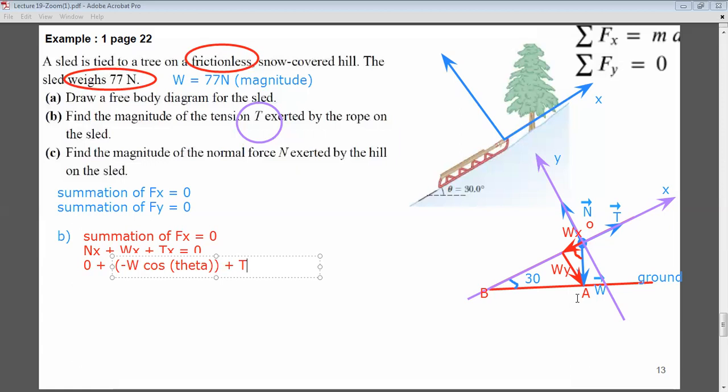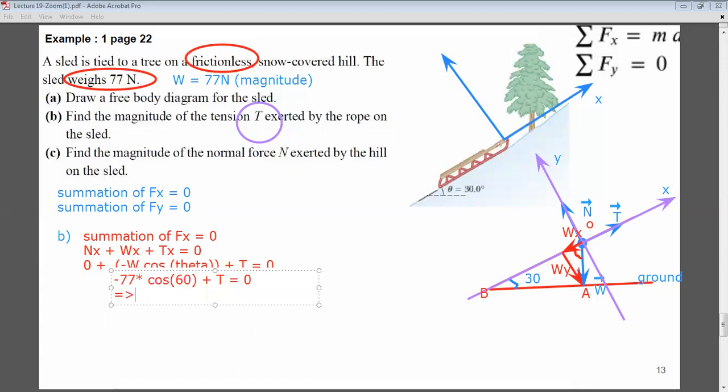It's a plus because it's along the positive x-axis. This is equal to 0. Now I solve. Minus W, which is 77, times cosine 60, the angle up there, plus tension is equal to 0.